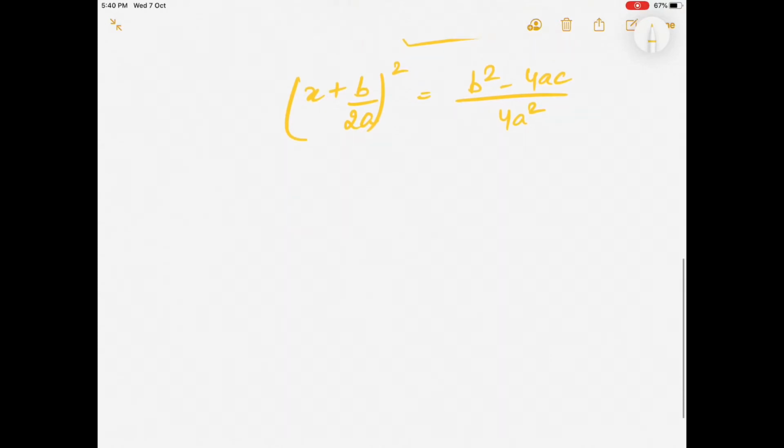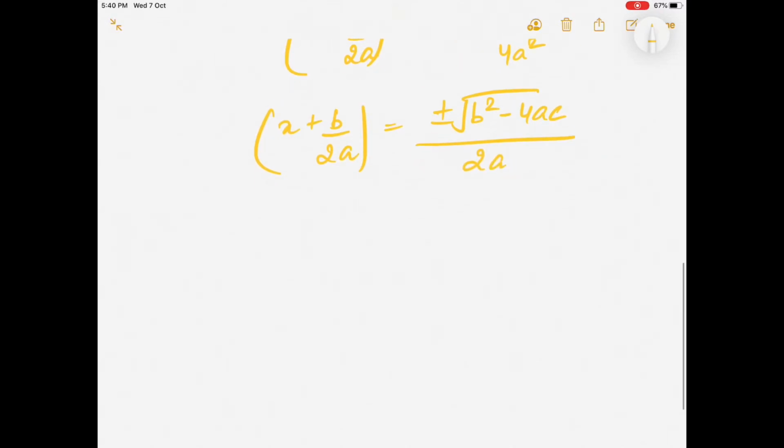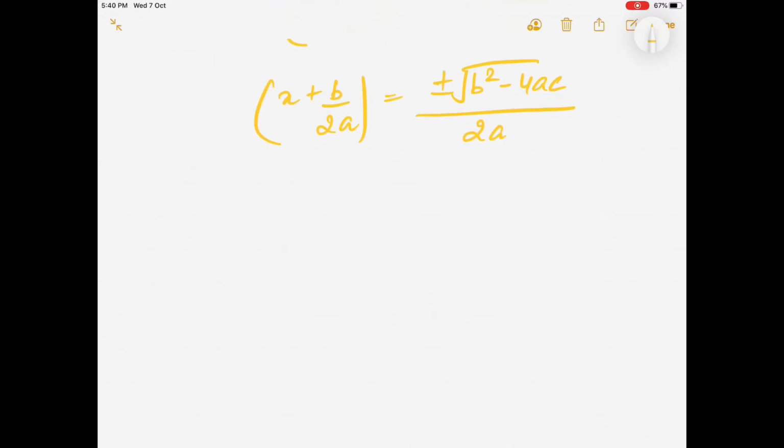Now we have to take the square roots on both sides. Taking the square root, x plus b by 2a is left on the LHS and plus minus root b square minus 4ac upon 2a is left on the RHS. Now what will be our next step?